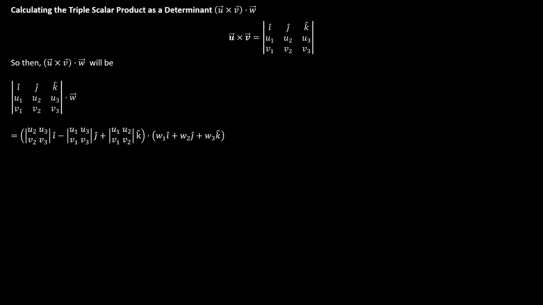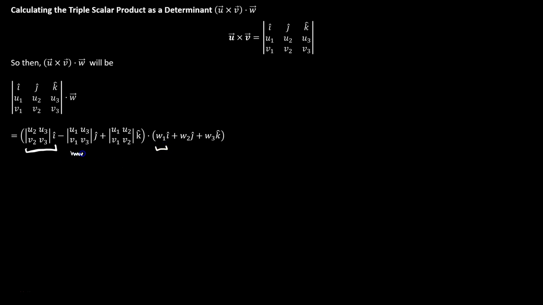So if we expand the 3 by 3 determinant along the top row as if we really were calculating that cross product, and we replace w with the standard unit vector notation, then we can see that we're going to multiply the corresponding components. So this first component, whatever that 2 by 2 matrix would spit out, we'd multiply that to W1 because those are corresponding components.